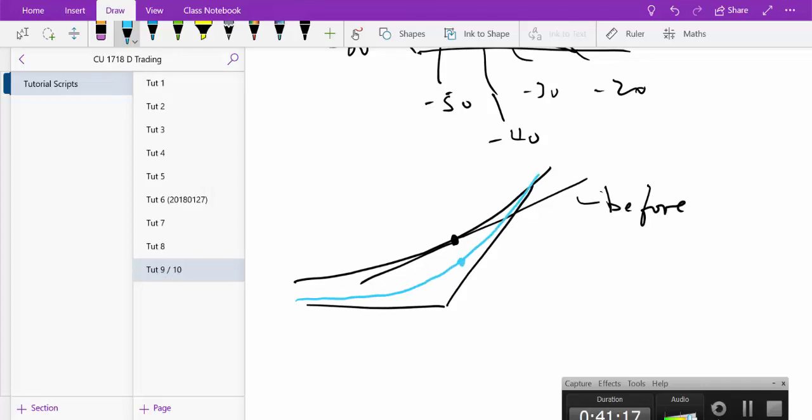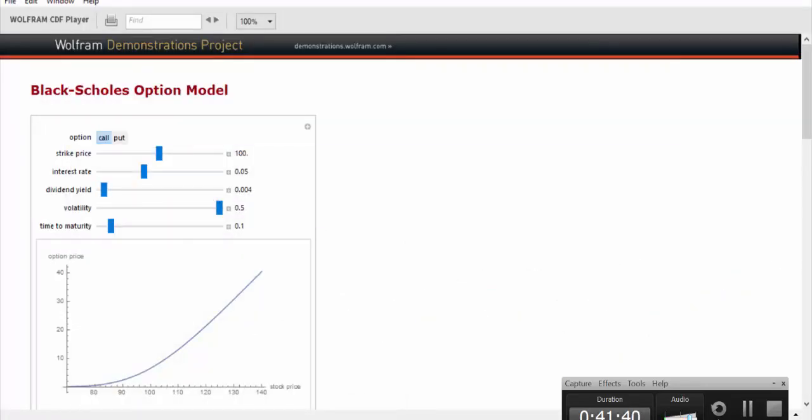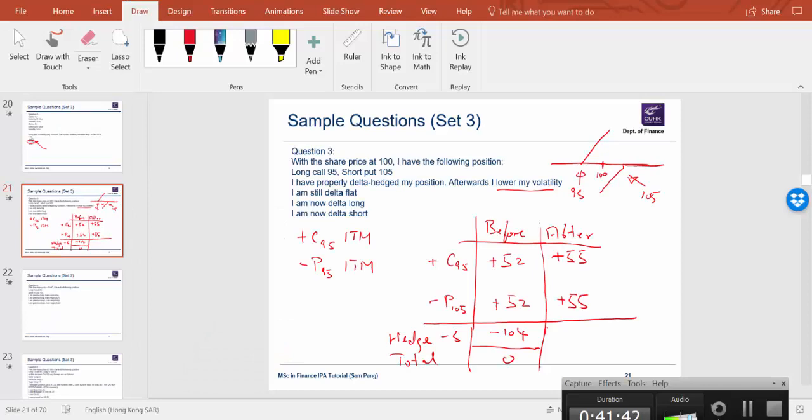So now you are like this. You can see that there's a steepening, which means that delta must go up. We have discussed this many times before. And the logic for the put actually is somewhat similar. So they both go up.